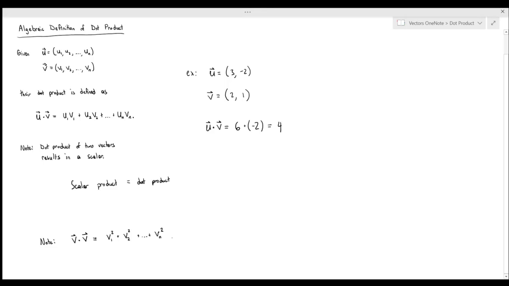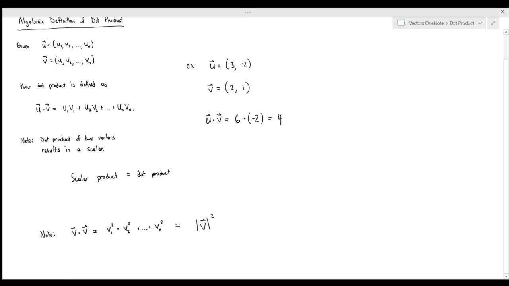So when we have a vector v dot with itself, notice that this gives us the length or the magnitude of our vector. Okay. But it's the length squared, right? Recall that to get the length of a vector, we did the square root of its components squared.